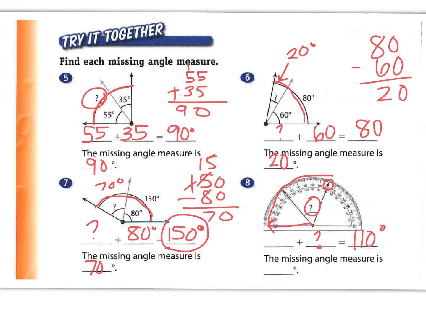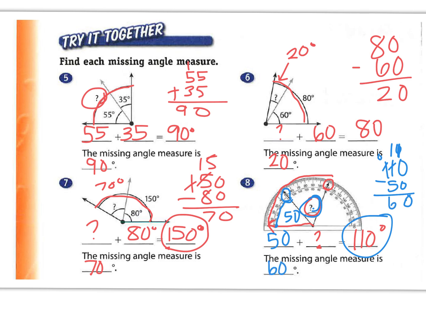This is 0, remember, and we're going to go up to here, and we know that it's 50 and not 130 because it's less than 90. So this is 50 degrees plus this question mark equals 110. So we need to go backwards. 110 minus 50 equals, sorry, that should be 60 degrees. So that missing angle is 60 degrees because we know 50 plus 60 equals 110.